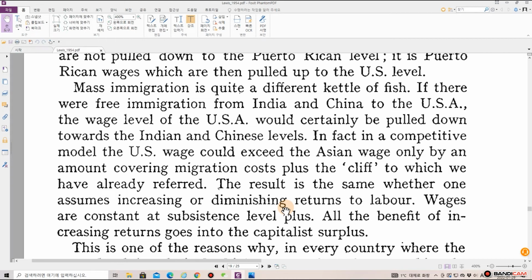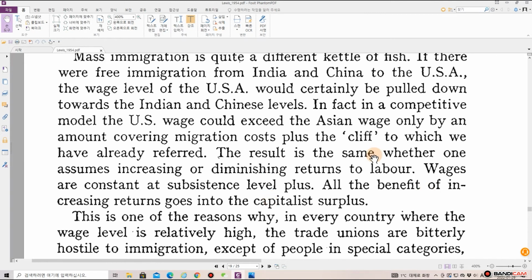If there were free immigration from India and China to the United States, the wage level of the United States would certainly be pulled down towards the Indian and Chinese levels. In fact, in a competitive model, the US wage could exceed the Asian wage only by an amount covering migration costs plus the cliff to which we have already referred.